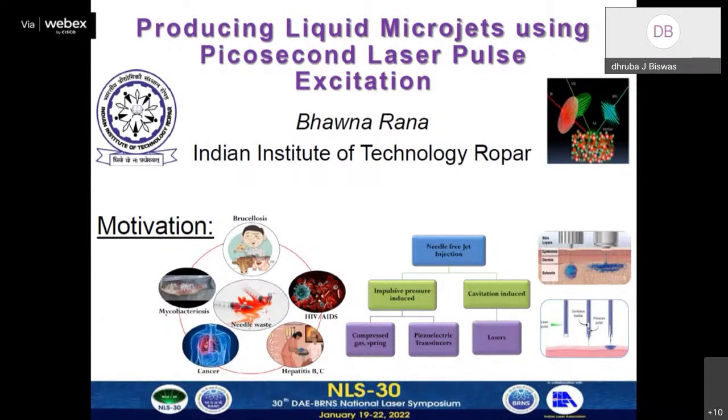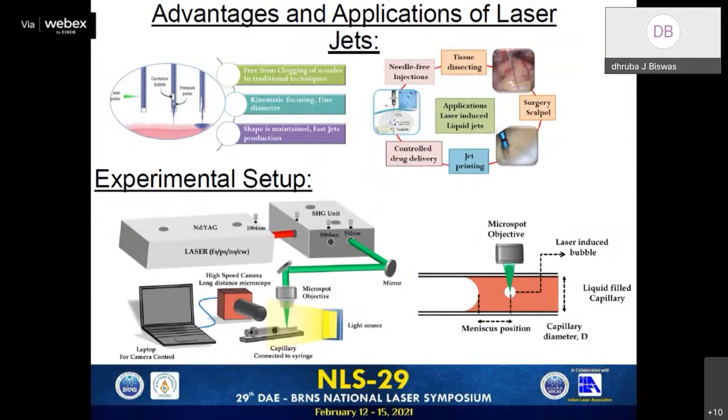Using lasers, for example, in the top left figure, if we impinge the laser on a microcapillary, then with the absorbance of laser energy, there is a formation of a bubble or cavity in the medium, and due to the pressure difference at the air-liquid interface, it leads to the generation of microjets. These microjets are very focused, very fine in diameter, and of very high speeds, and hence they overcome the limitations of clogging the nozzles in the conventional needle-free injection systems. So that's why these laser-based injection systems could be very helpful in the development of the medical industry.